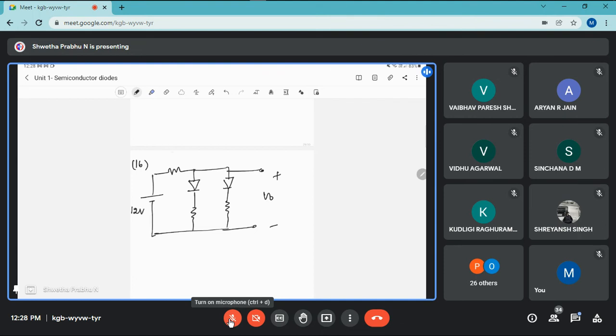Input is 12 volts. The resistance is 747 ohms. This is germanium diode. This is silicon diode. This is 20 ohms. This is 50 ohms. Question here is to find I and V naught.